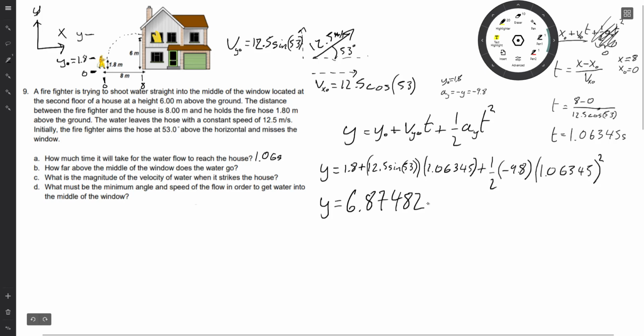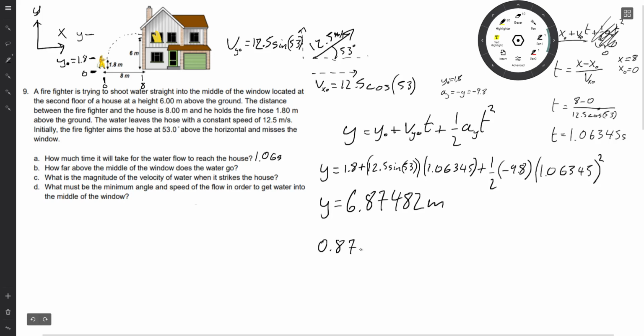Now, what I will also point out is that this isn't actually the answer to the question. The question is, how far above the middle of the window does the water go? Well, if this is the height that the water goes and the window is 6 meters up, the actual answer to this is going to be 0.874, or 0.87.